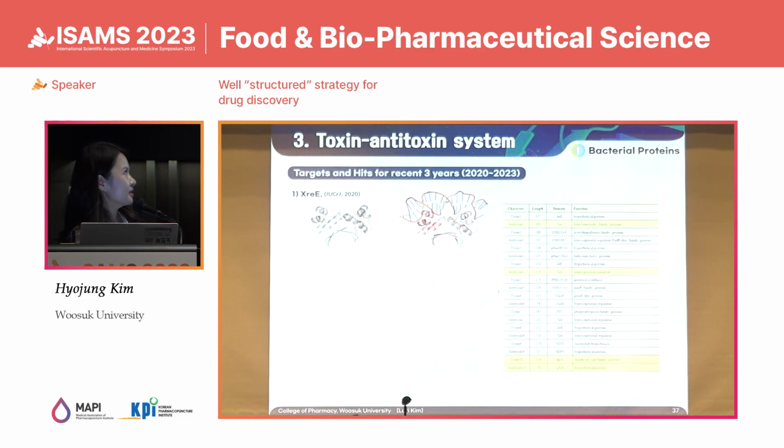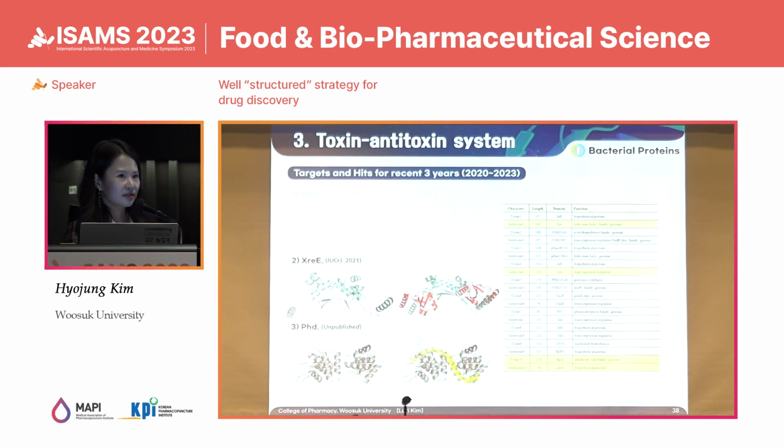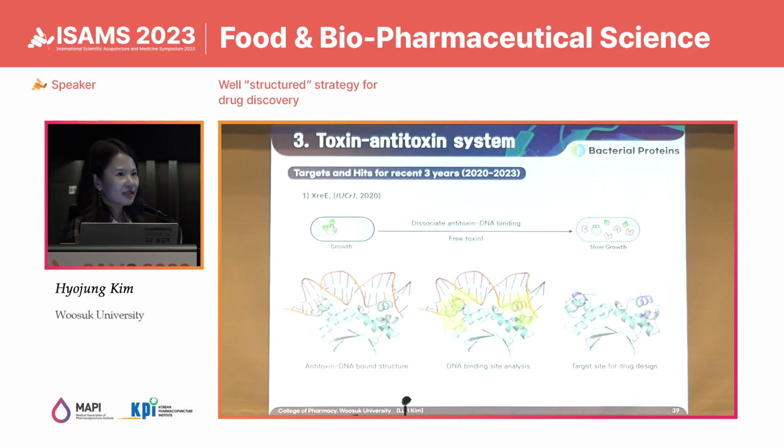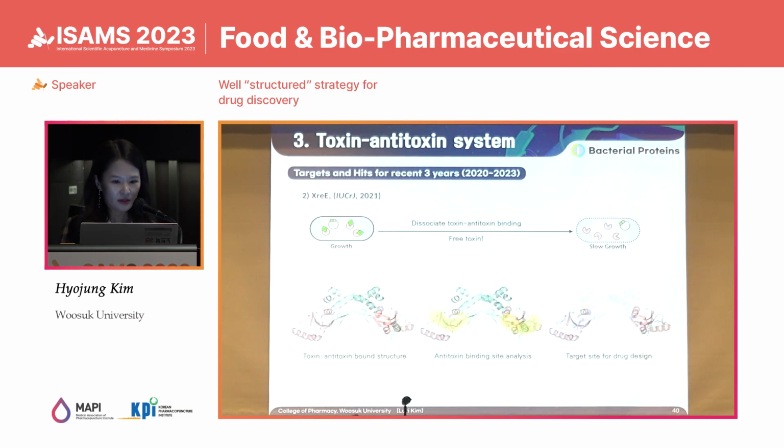My first project is the antitoxin structure with the DNA, and the other projects are toxin and antitoxin pairs. So the first target is to release the antitoxin from the DNA so that the toxin protein will be translated. By dissociating these two pairs, I can free the toxin to reduce their growth rate.